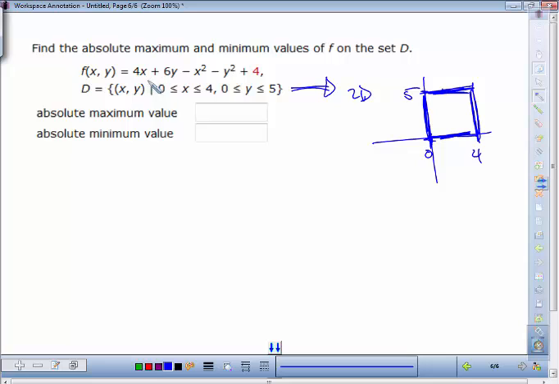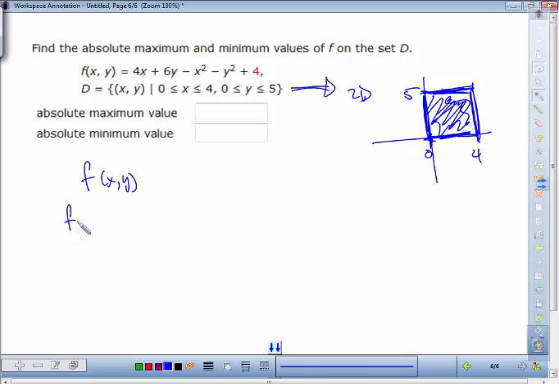So what you want to do is take a look at this function, f of x, y, and then we have to check it on those boundaries. Well, first we have to check to see if there's any critical point inside of this thing, because you're looking for your maximum and minimum that's either on the boundary or inside.